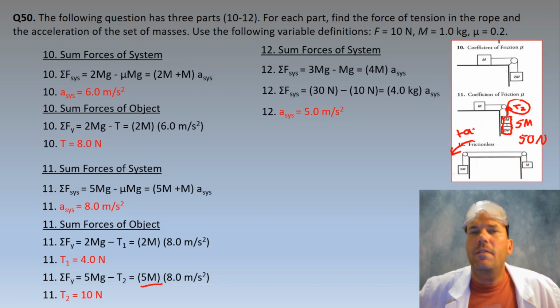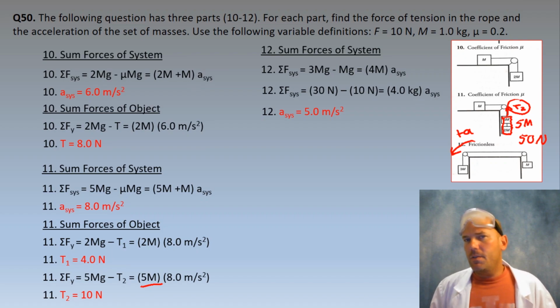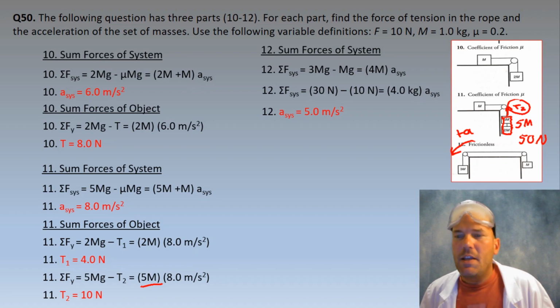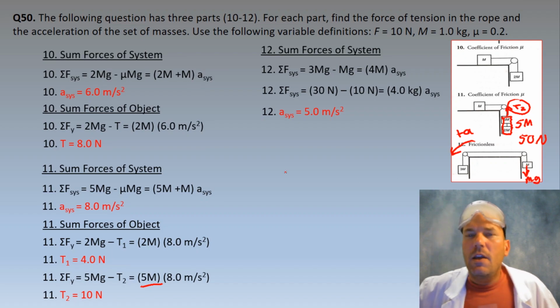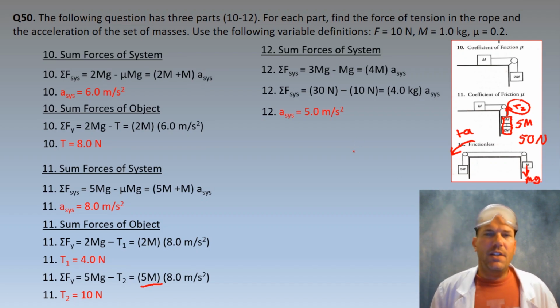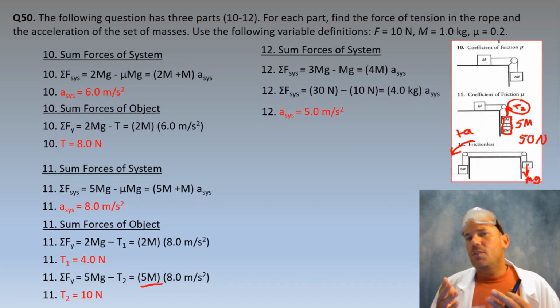This system, rather, will have a positive direction to the left and down for the 3 kilogram mass. So what's opposing this acceleration would be this mg here. Internal would be the forces of tension, which we can find here in a minute. But first, we found the acceleration due to gravity.